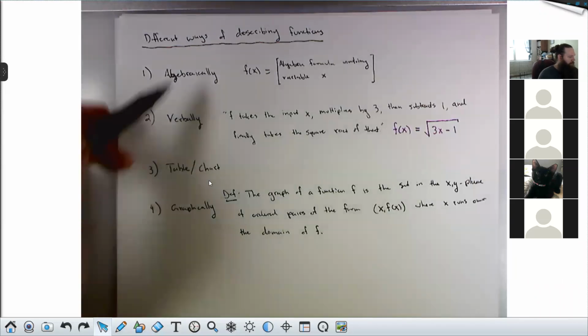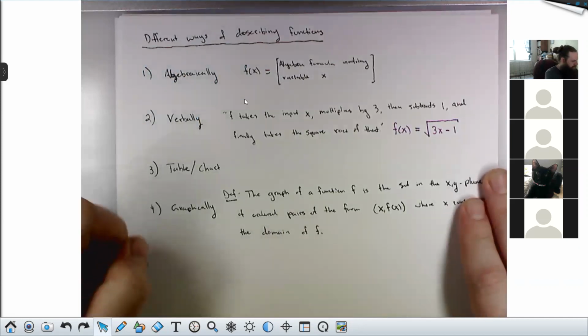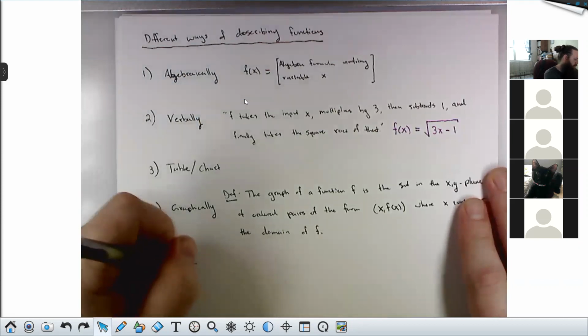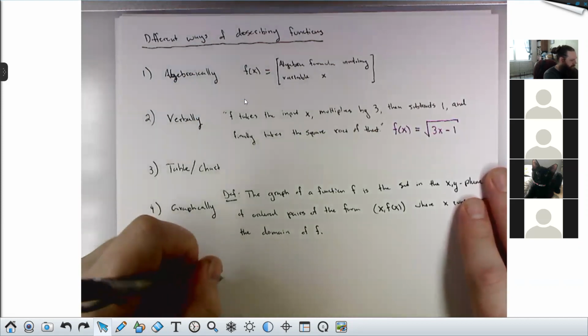The reason I'm not including piecewise functions as a separate thing here is because they're actually a subset of algebraically defined functions. Or you could define them verbally too, but generally a piecewise function is given algebraically. So what is a piecewise function?